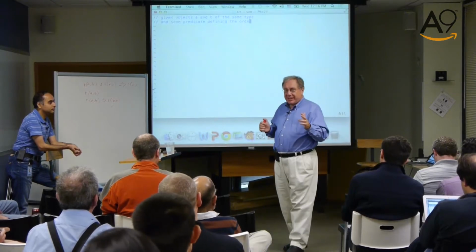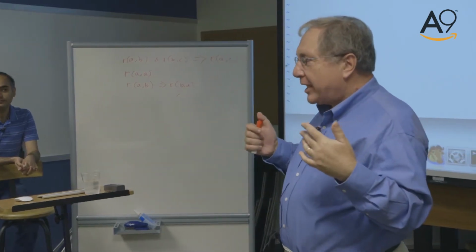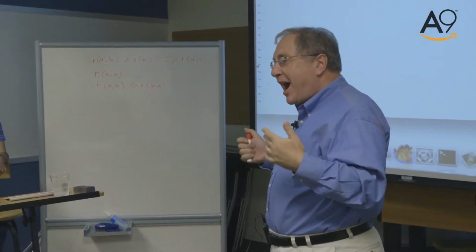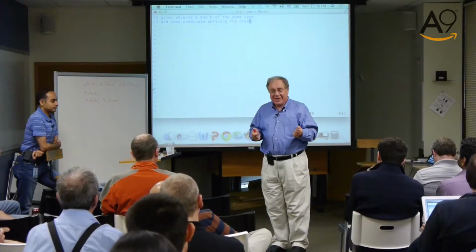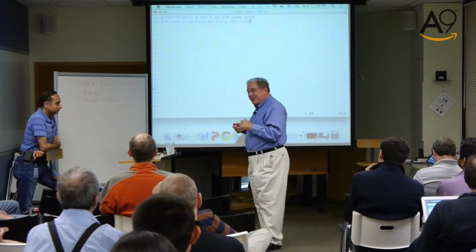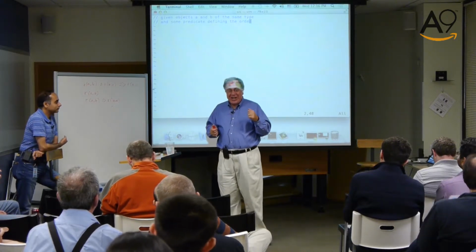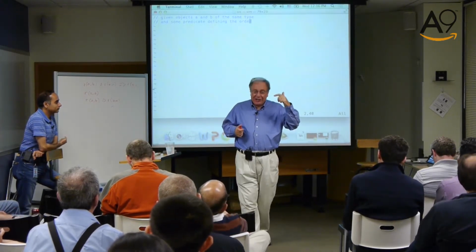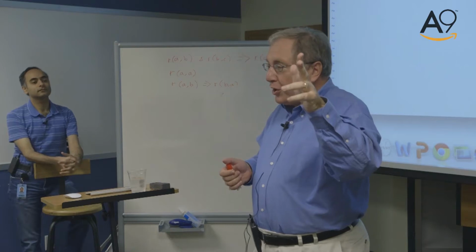And they howled. All the brilliant people from the standard committee said, but what if I want to have a different meaning? What if I do not want greater than to be a converse of less than?